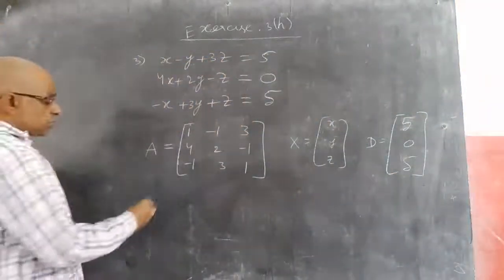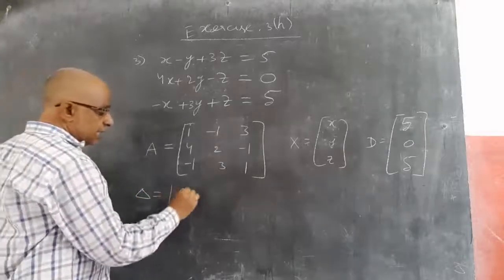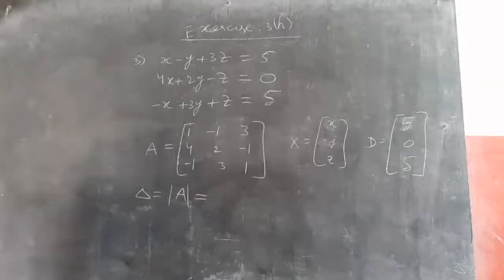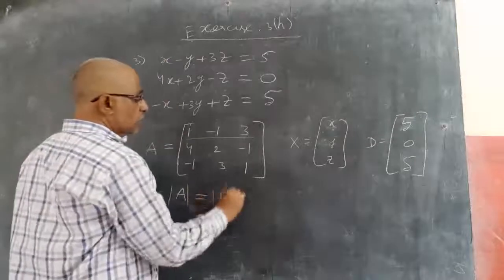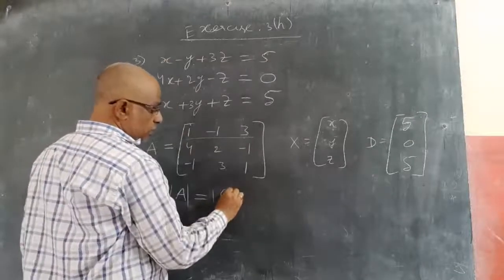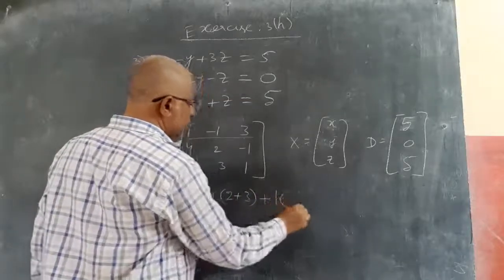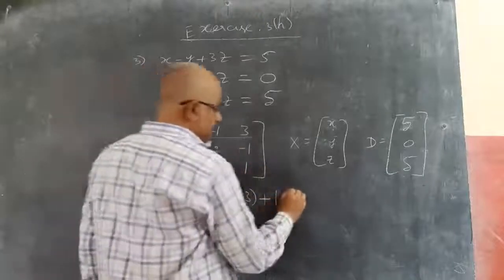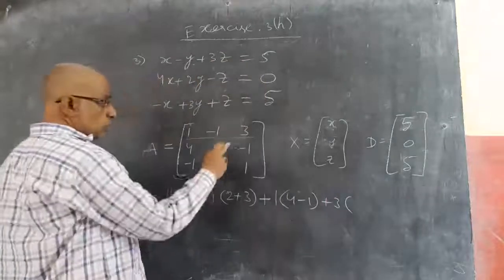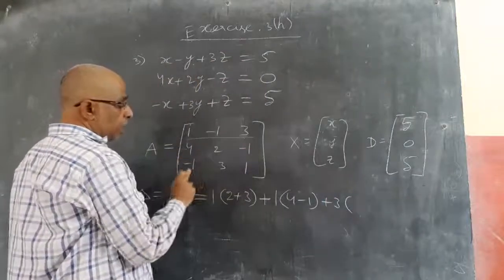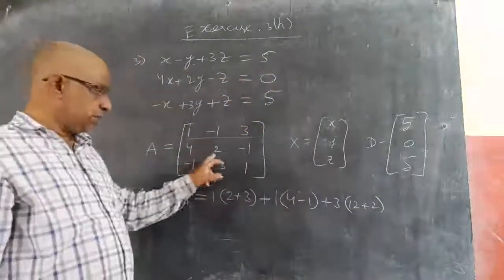Now, first we will go for delta. Delta is the determinant of A. So taking any row or column multiplied by their corresponding cofactors, I will take the first row: 1 into 2 plus 3, next minus 1, so minus of minus plus 1 into 4 minus 1, next plus 3 into, closing this row and this column, 12 plus 2. 4 3s are 12, minus of minus plus 2.